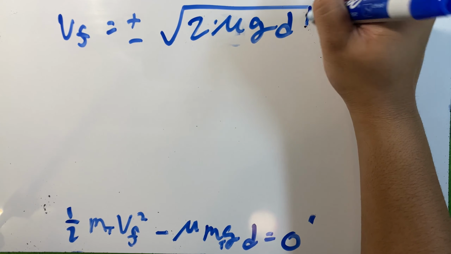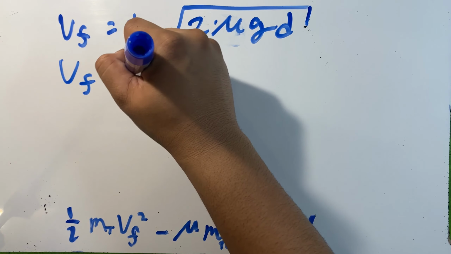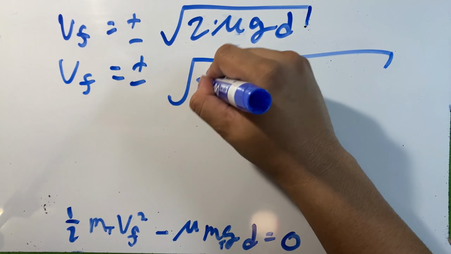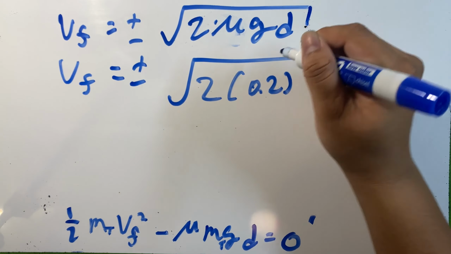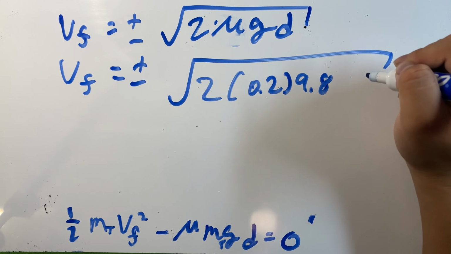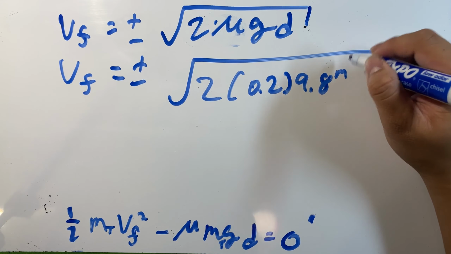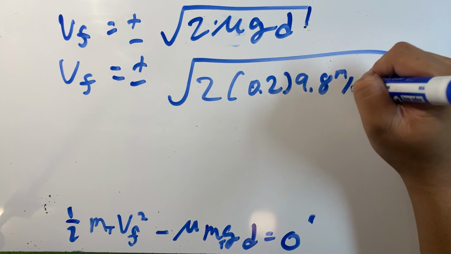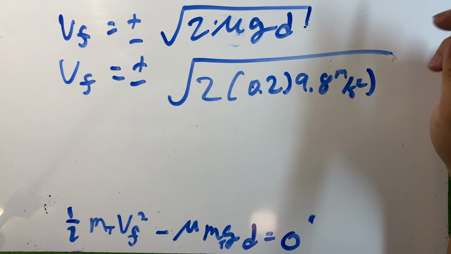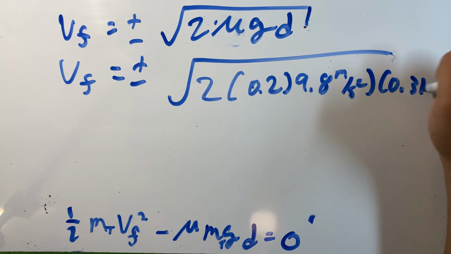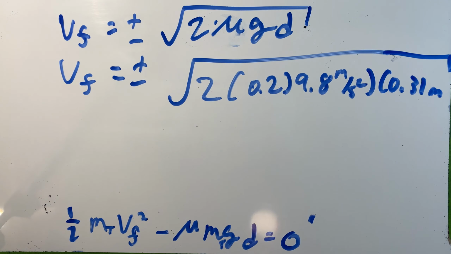So if we solve right now for this, it's going to be 2 times 0.2 times 9.8 meters per second squared times 0.31 meters, because that's how much it moved along the surface before stopping.